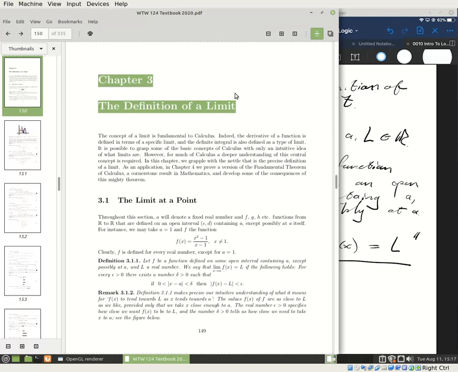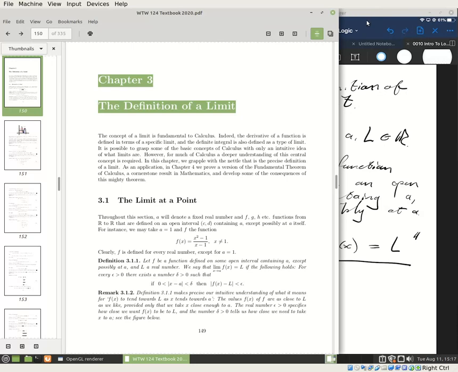What we will do in 124 is discuss the formal definition of a limit, and discuss how to use this formal definition in proofs.